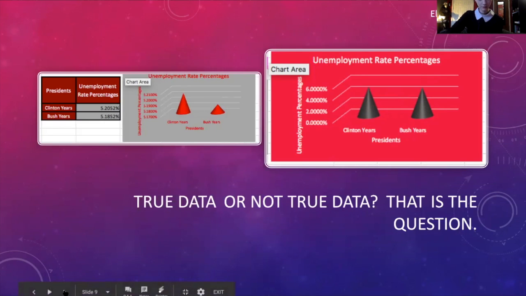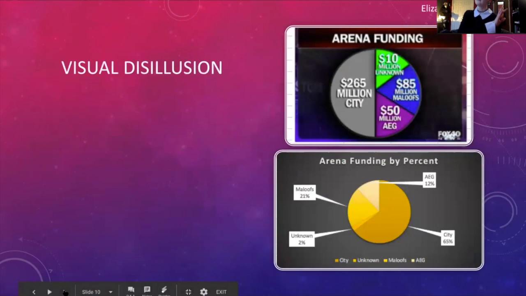So let's move forward. Visual dissolution. Notice how Fox News displays this pie chart showing all the contributors for the funding of a new arena.